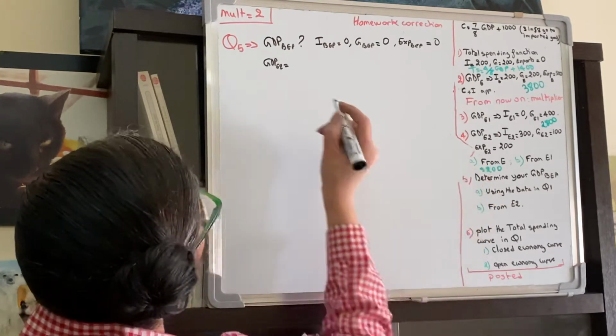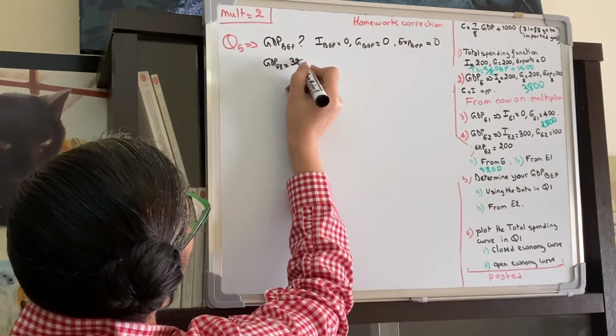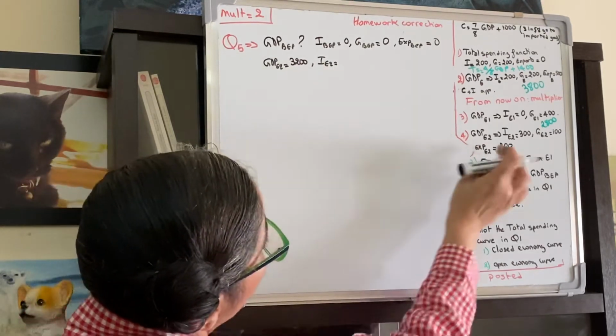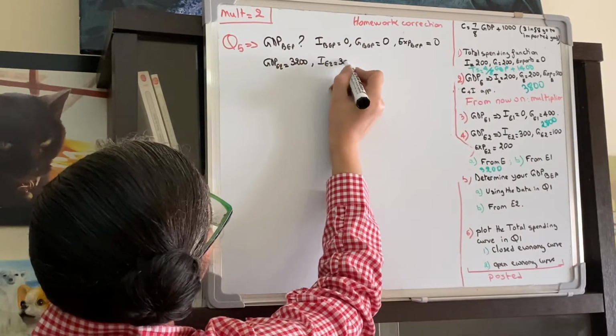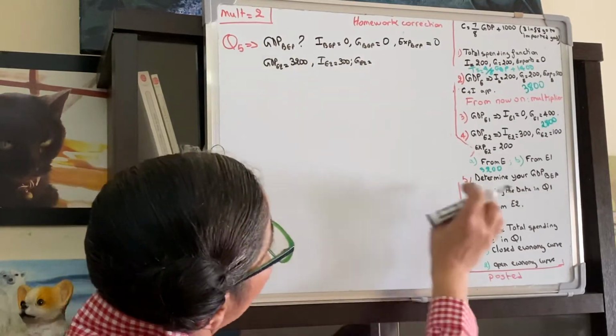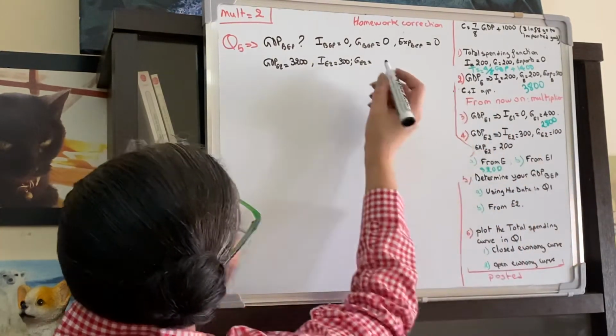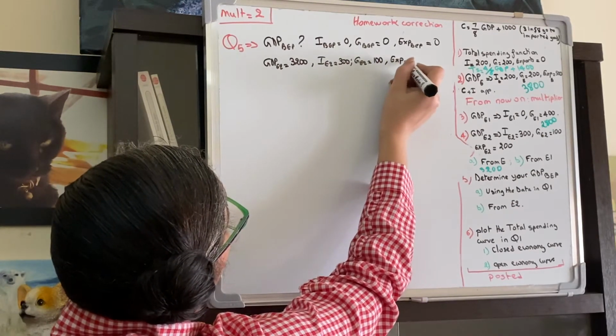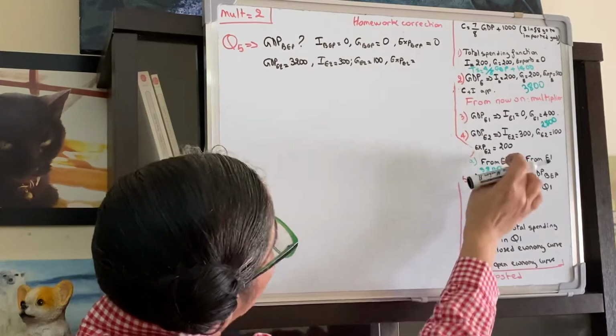Oh, 3,200. Okay. IE2 is equal to 300. GE2 is equal to 100. And exports E2 200.